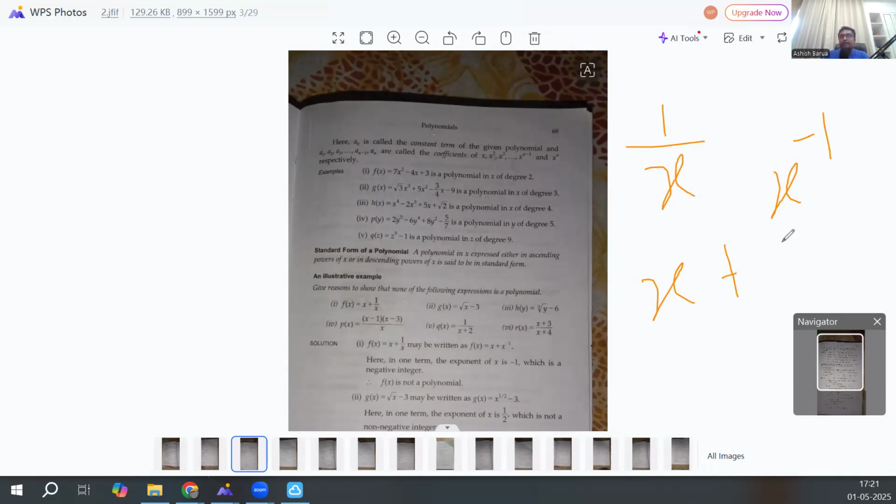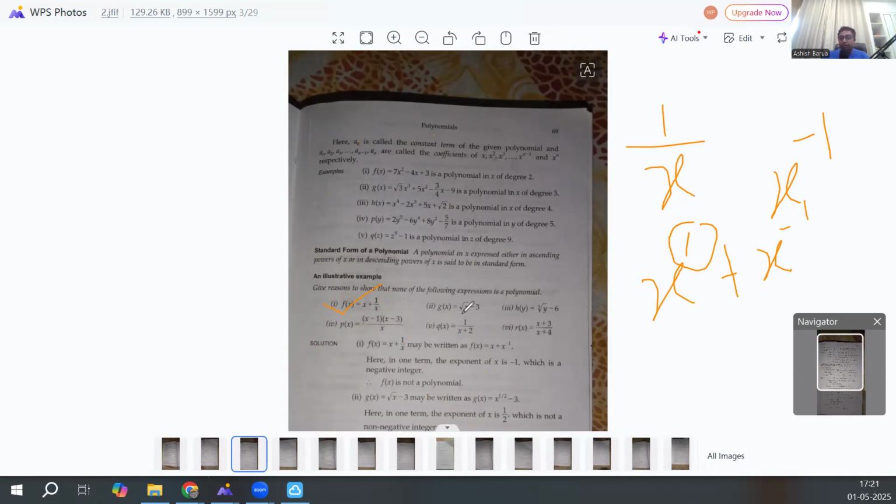So this is a polynomial. Now, here the power is 1 and here the power is minus 1. Is it written in ascending order or descending order? It is written in descending order. First the power 1, then 0, which we have not mentioned, then minus 1. So this is a polynomial in standard form.